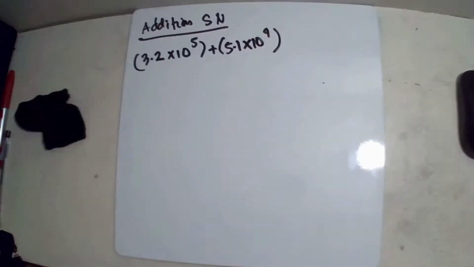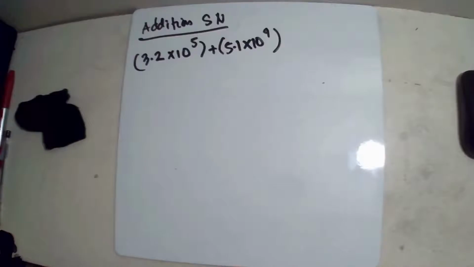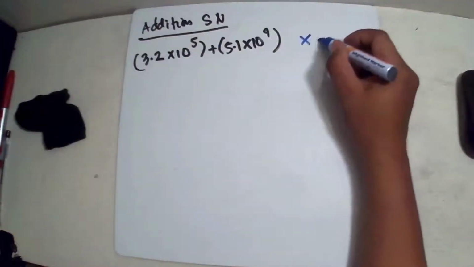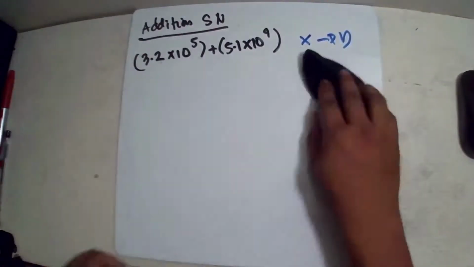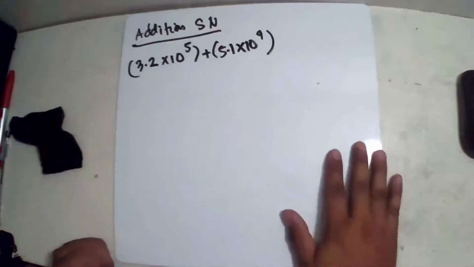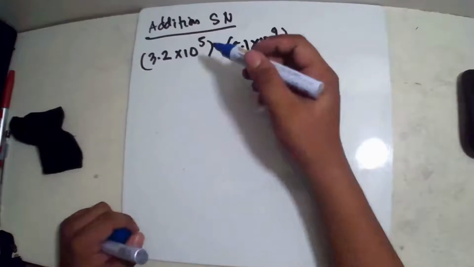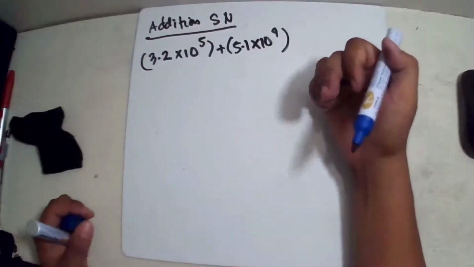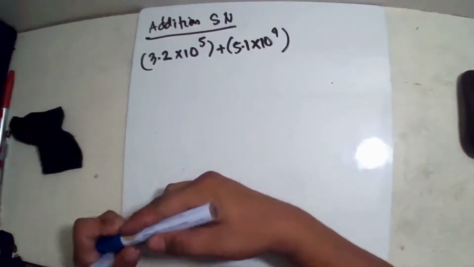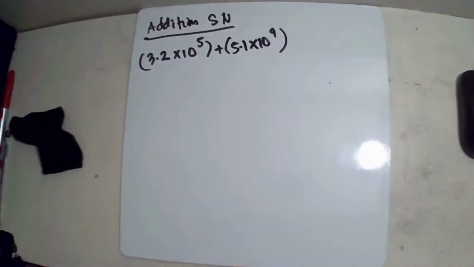Okay. Now, in adding scientific notation, remember that it is just like algebra. You cannot add x and y, but you can multiply them. So just like in scientific notation, we cannot add different exponents directly. For example, 5 and 4, we cannot add this directly, because for us to add this, the exponents of these numbers must be the same or similar.